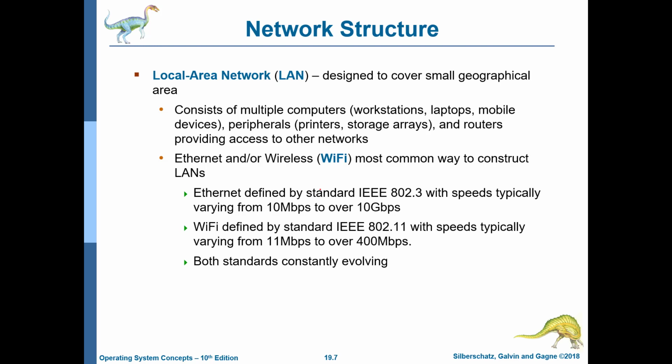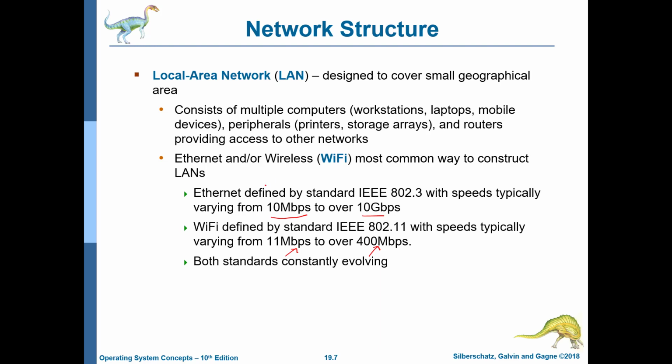There are different standards defined for wired and wireless technologies. IEEE 802.3 has speeds typically from 10 Mbps to 10 Gbps. And there is also a Wi-Fi standard, 802.11, with speeds from 11 Mbps to 400 Mbps. Both of these standards are evolving.